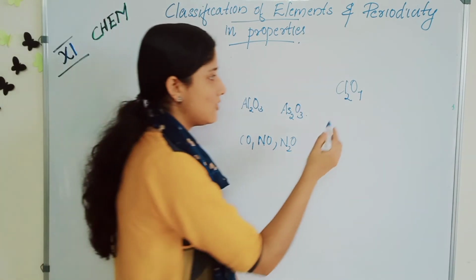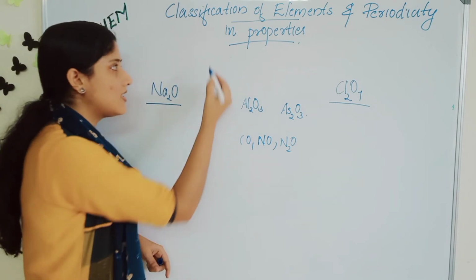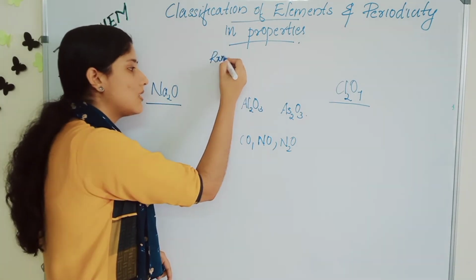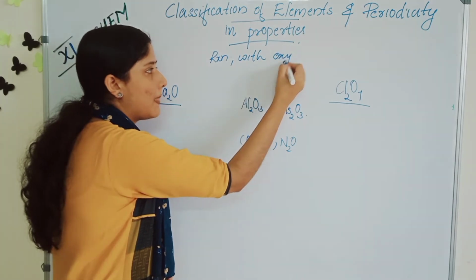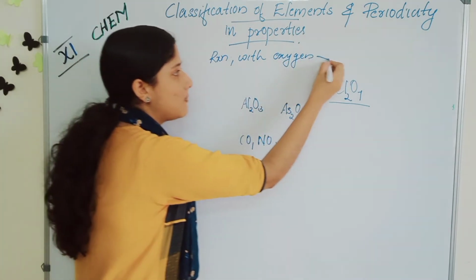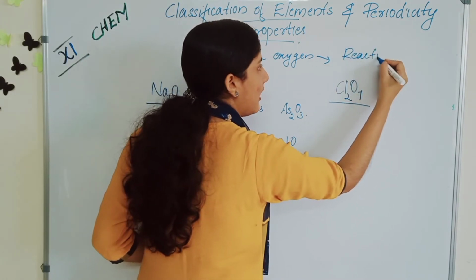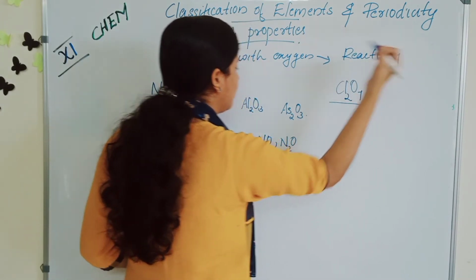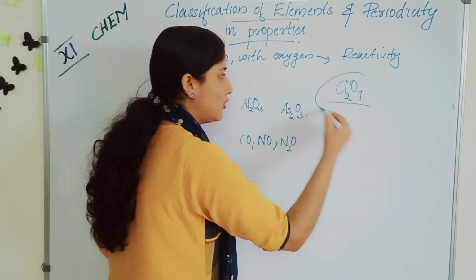And at the end, chlorine, a halogen, forms Cl2O7. We are discussing the reaction with oxygen to explain chemical reactivity.